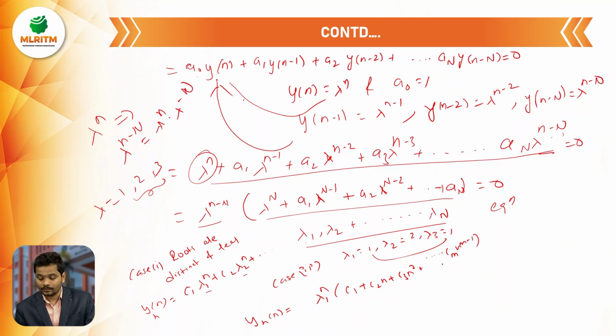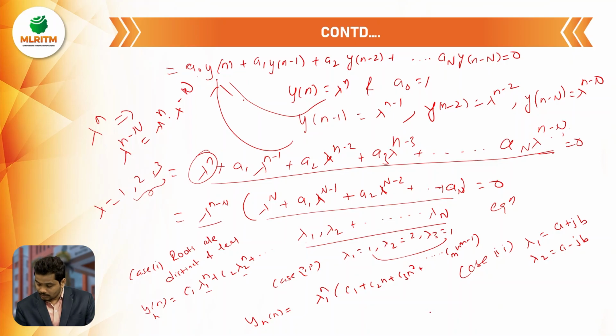Okay, if it is case 3, if the roots are complex roots, then what will happen? You have to substitute lambda 1 equals a plus jb and lambda 2 equals a minus jb.